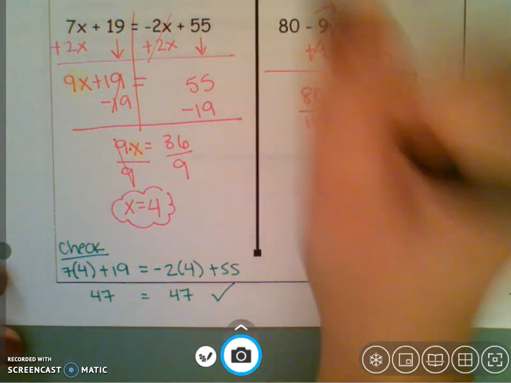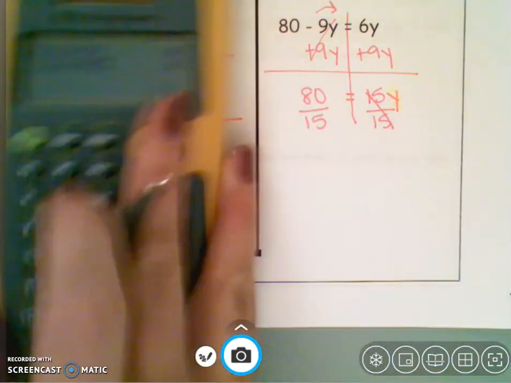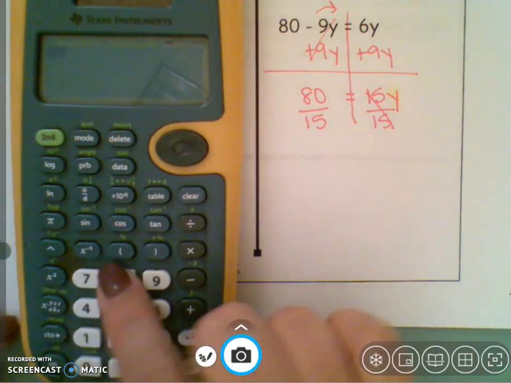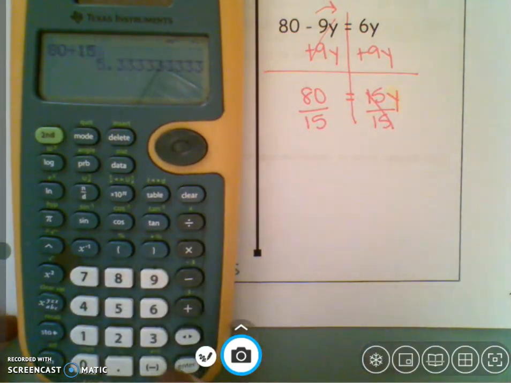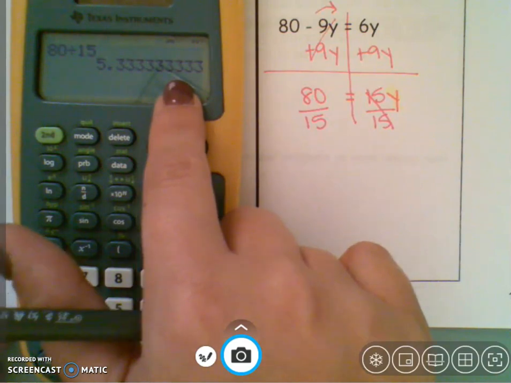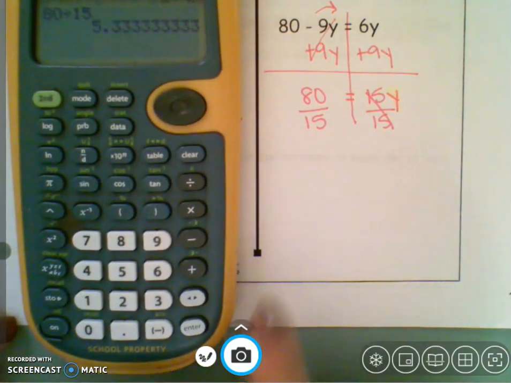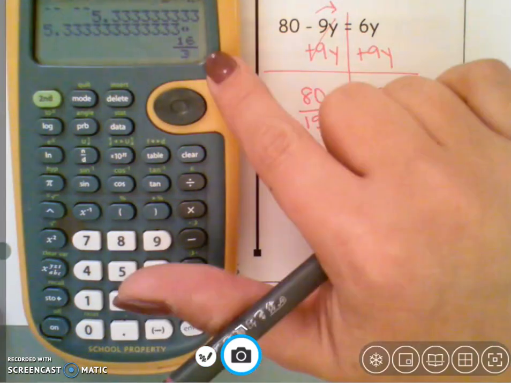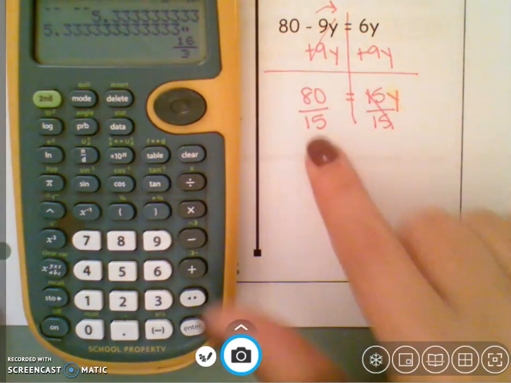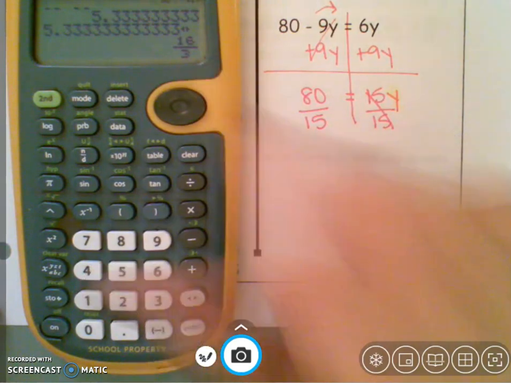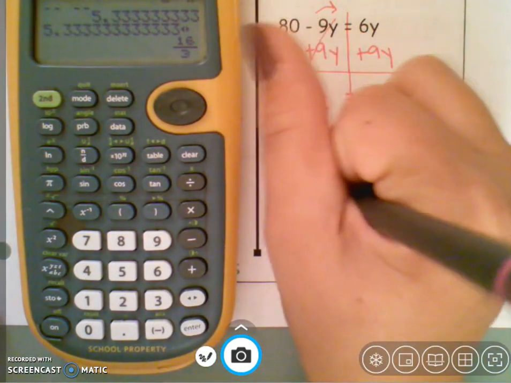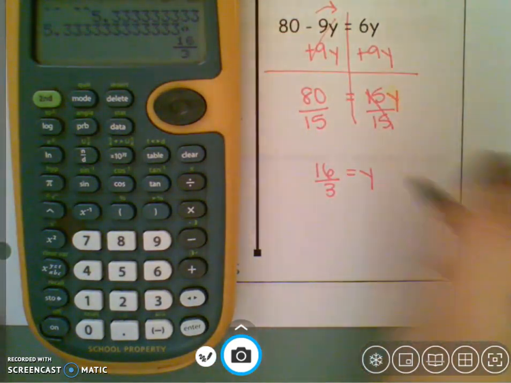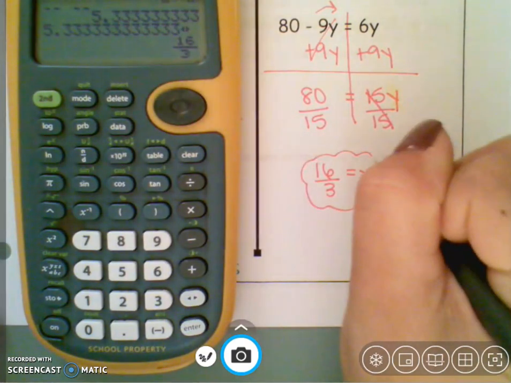So 80 divided by 15 gives me this decimal, but we don't want decimals. So remember, this little button right here, this double arrow, will put it back as a fraction for you. So 80 over 15 is actually 16 over 3 equals y. So that's your final answer.